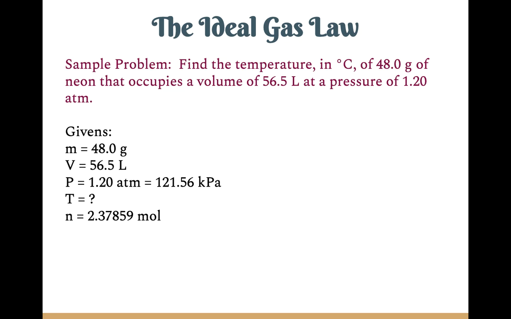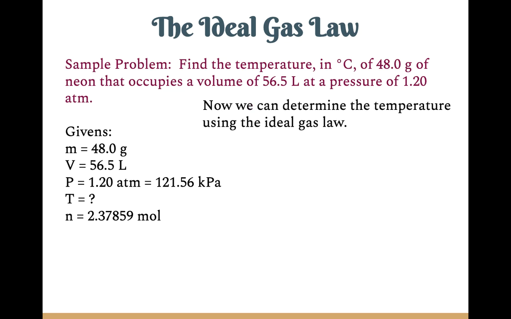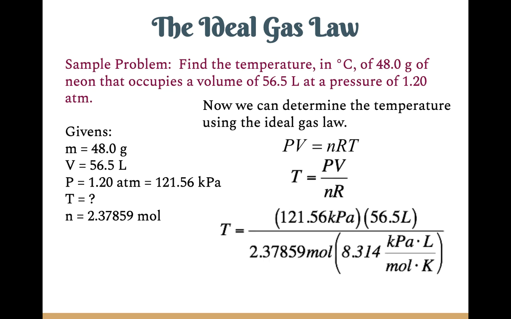So now that we have those pieces of information, we can now use the ideal gas law to determine the temperature. So PV equals nRT. I'm going to rearrange that to solve for T. Substitute in all those values with their units. So 121.56 times 56.5 divided by 2.37859 moles divided by 8.314.